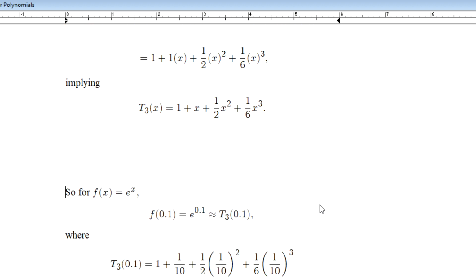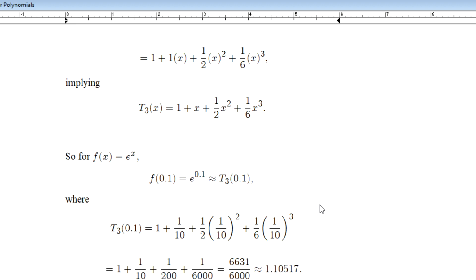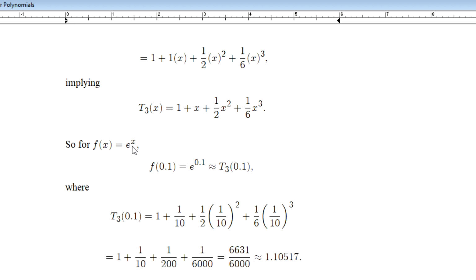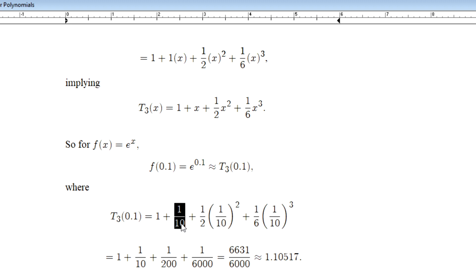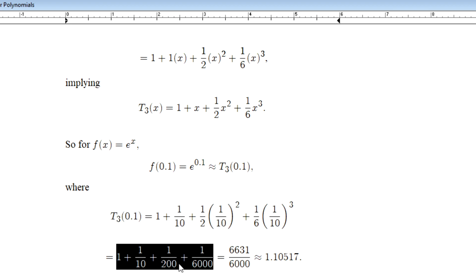So for f of x equal to e to the x, e to the 0.1 can be now approximated using this third degree polynomial approximation. And that third degree polynomial approximation is just going to be given by this bit of arithmetic here. As we said, it's going to be 1 plus 1/10 plus 1/200th plus 1/6000th. And that's the math we see down below here.